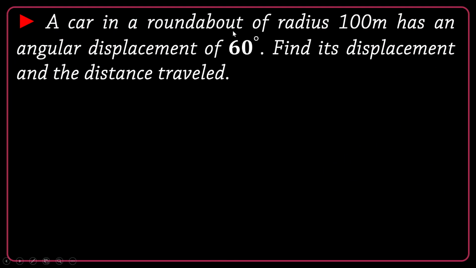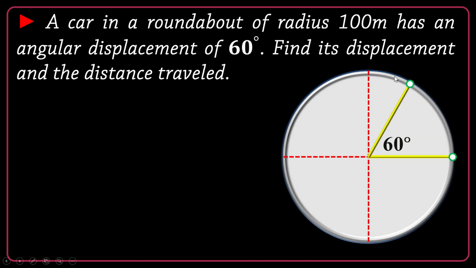A car in a roundabout of radius 100 meters has an angular displacement of 60 degrees. Okay, we have a circle of radius 100 meters, and this angular displacement is 60 degrees, or pi over 3 radians. Find the displacement and the distance traveled.